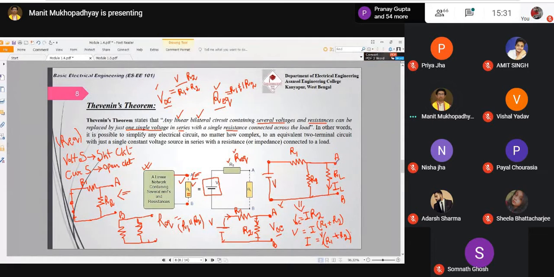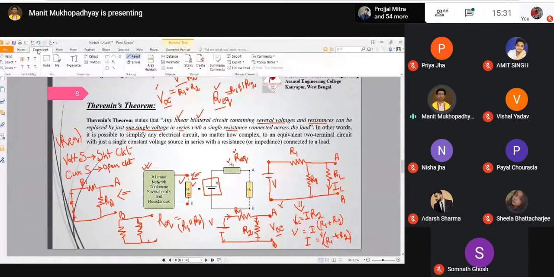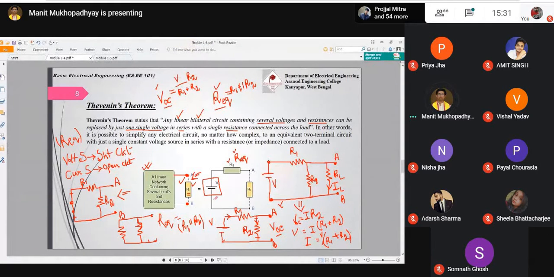Now we need to redraw the minimized circuit. I will show you more examples. Just try to follow this part. Now I am redrawing this one.